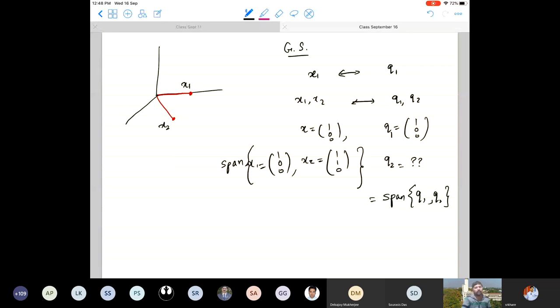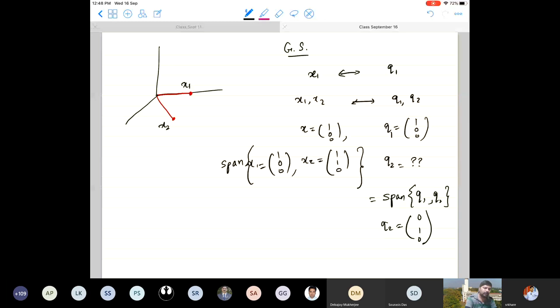So can you just look at this figure and tell me what q2 should be actually? 0 1 0. Q2 actually should be equal to 0 1 0. So if you choose q2 to be equal to 0 1 0, then what is really happening?